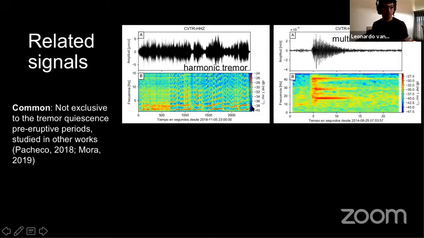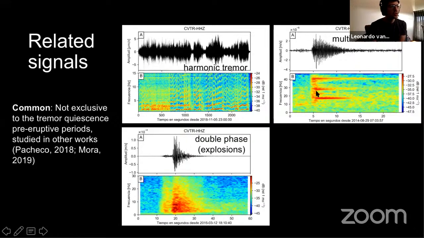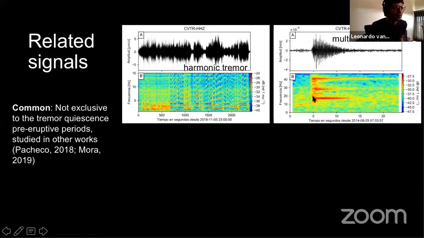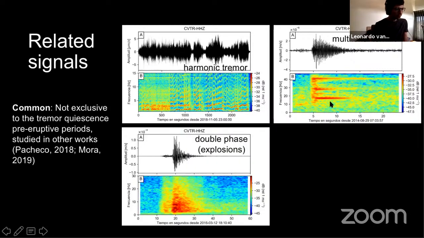Then we have multitonal tornillos, and these also are different in that we don't have this high energy in excitation at the very first moment. This is interesting because almost all of the energy is in the coda, in these frequency peaks.